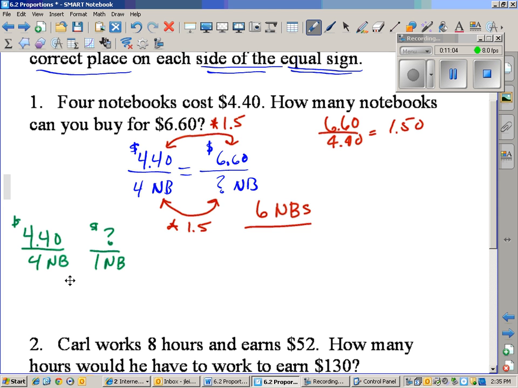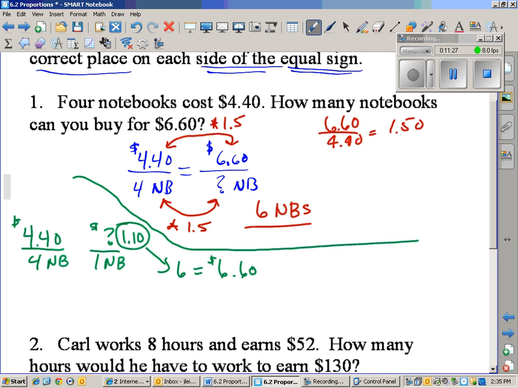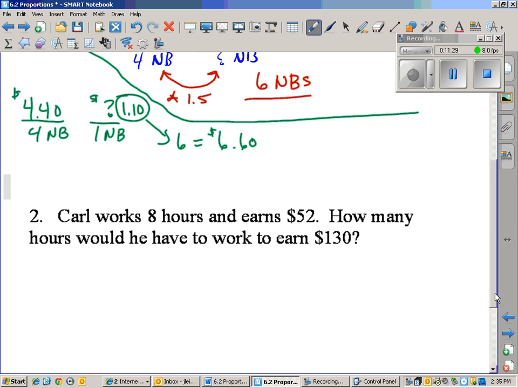And then we would have said, okay, we divide 4 by 4 to get 1, we'd have to divide 440 by 4, and we'd get $1.10 for each notebook. And then you can multiply that times 6 and get back to your $6.60. So that's 2 different ways to work the same problem. Let's set up another one.